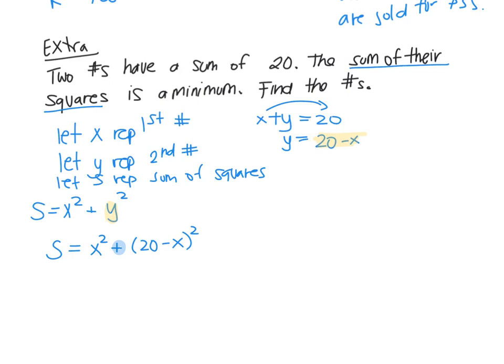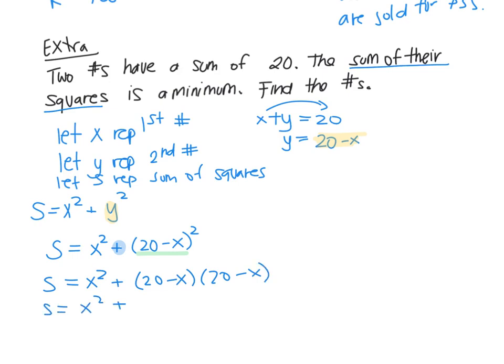This is no longer factored. I can't set s equal to 0 and branch off. So here I am going to have to first get this into standard form, which means I need to write this bracket out twice to do my distribution or my FOIL. And that's super important because I don't want you writing 20 squared minus x squared because that would be completely wrong.